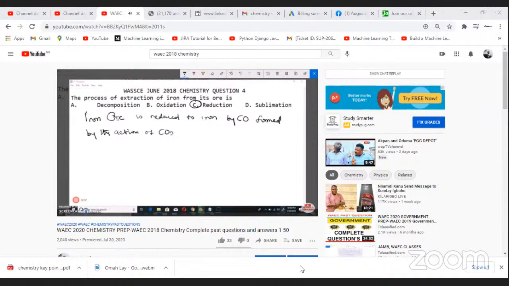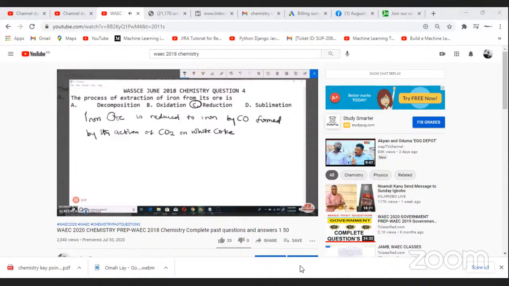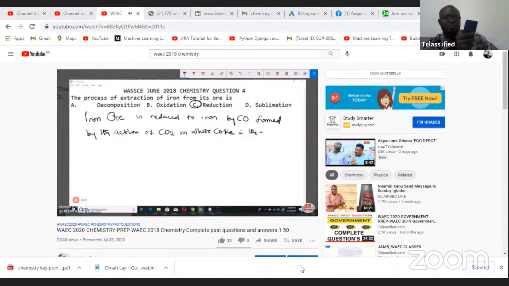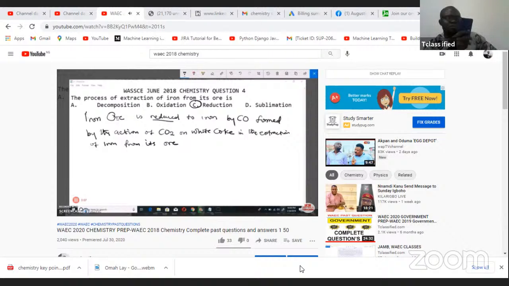A reaction is exothermic if A, the reaction vessel feels full during the reaction, B, enthalpy change is negative, C, bond forming energy exceeds bond breaking energy, D, heat of formation of reactants exceeds the heat of formation of product.